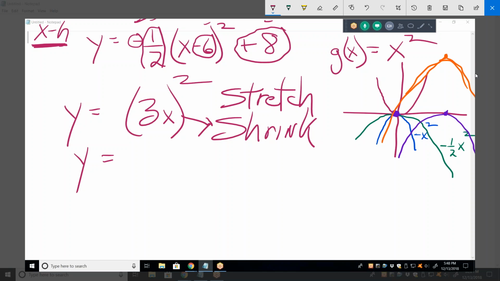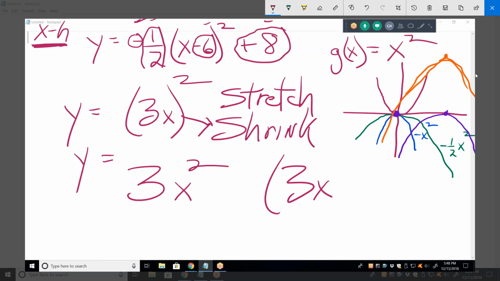Well, it definitely makes sense if you graph it out. Just remember that they're opposite. In other words, if it's 3x squared, it's a stretch by a factor of 3. But if it's 3x quantity squared, it is a shrink by a factor of 3, and it's a horizontal shrink.